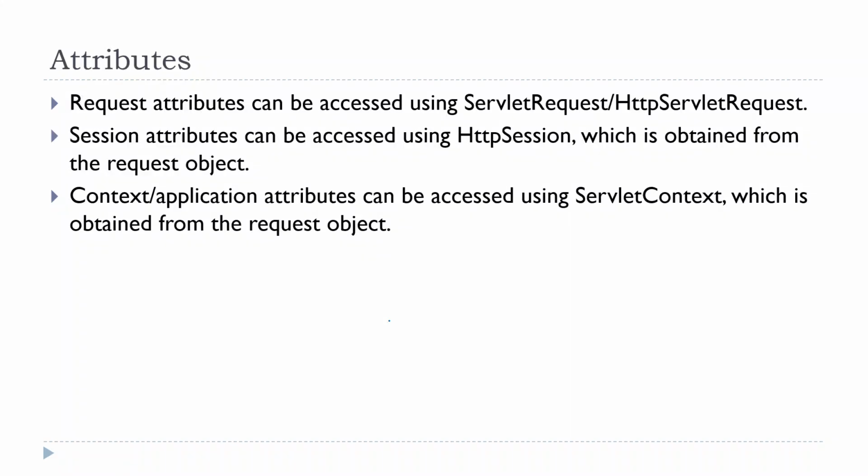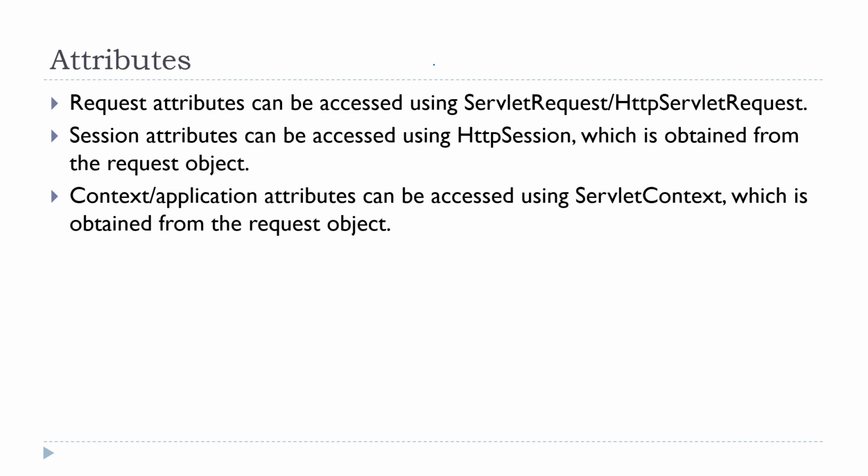Now, as we saw, an attribute can belong to any of these scopes, so we can bind the attribute to any one of them. All those attributes which are bound to the HttpServletRequest are called request attributes.